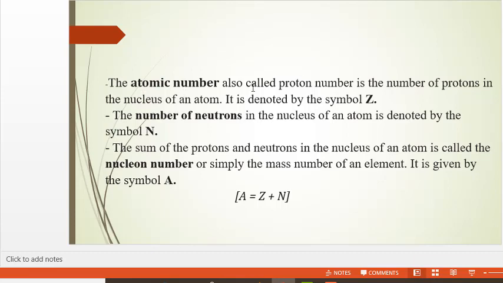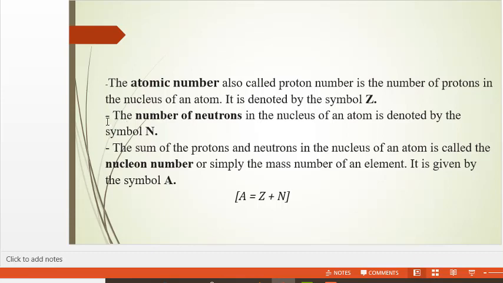So atomic number is the number of protons in the nucleus of an atom. It is also called proton number, and it can be used to identify an element, since each atomic number is particular to a certain element. Like I have said earlier, it's not possible for two elements to share the same atomic number.